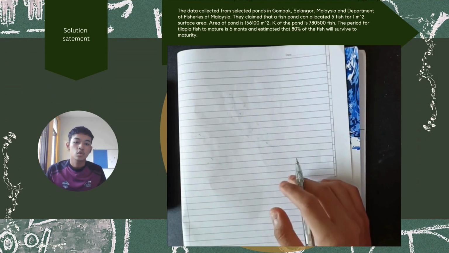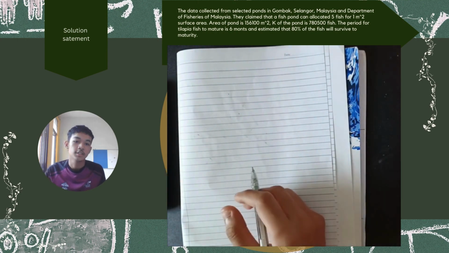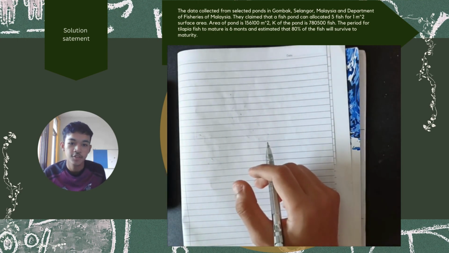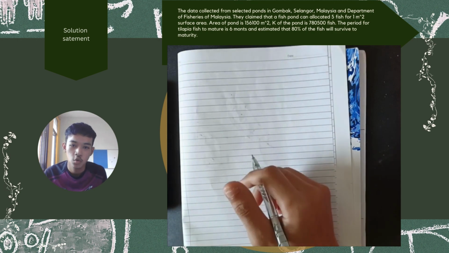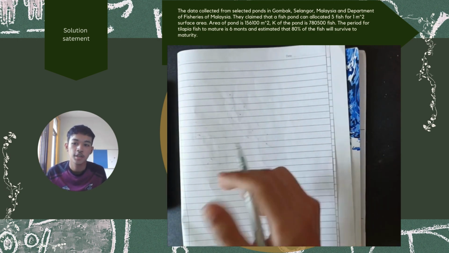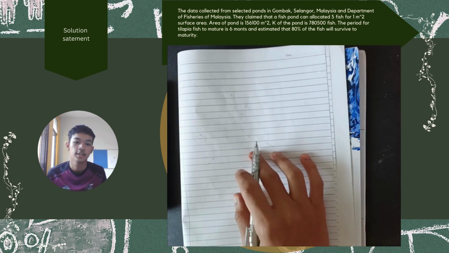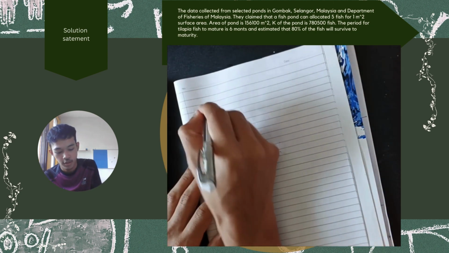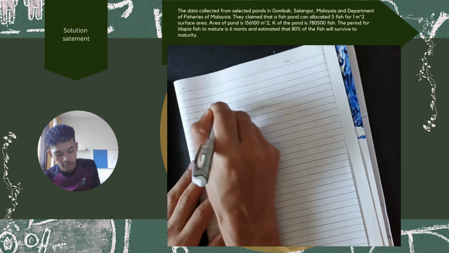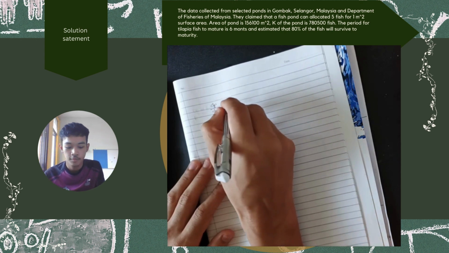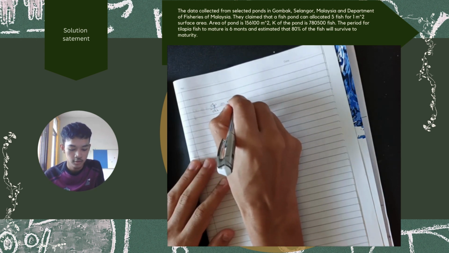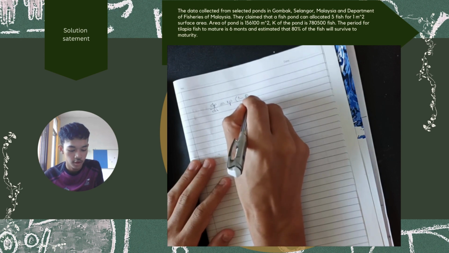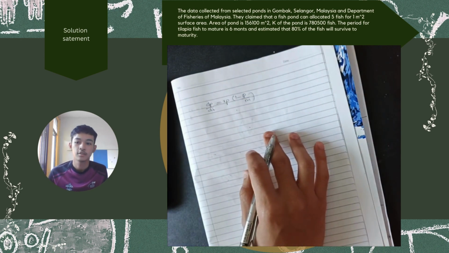Okay, now I want to solve the question from the previous slide. For this question, we can use the logistic growth model, which we can write as dP/dt = rP(1 - P/K).